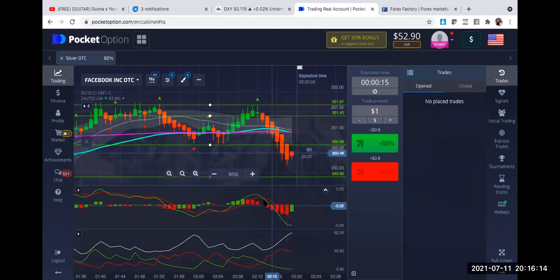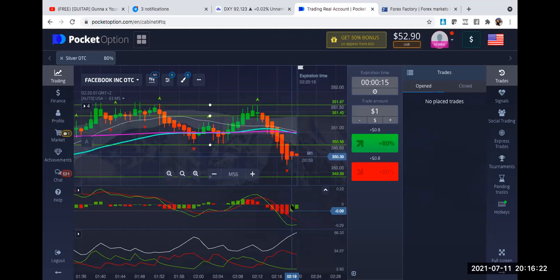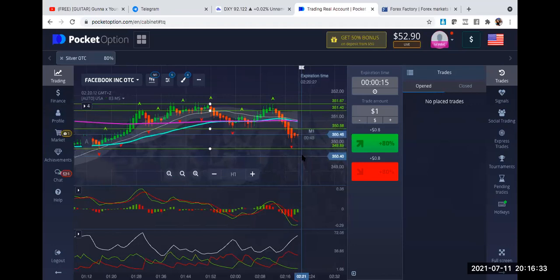I just got to look at the signal line. The signal line is rounding out as if it's creating a certain level of support. The MACD bricks are turning green, and they're rounding out as if they're going to cross on the upside very, very shortly.